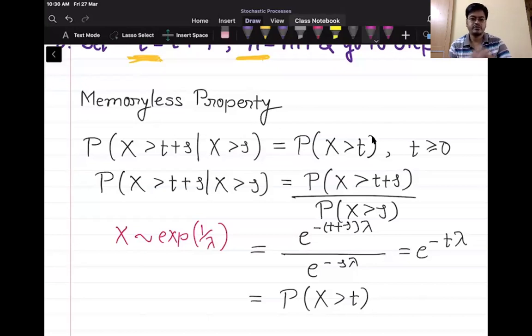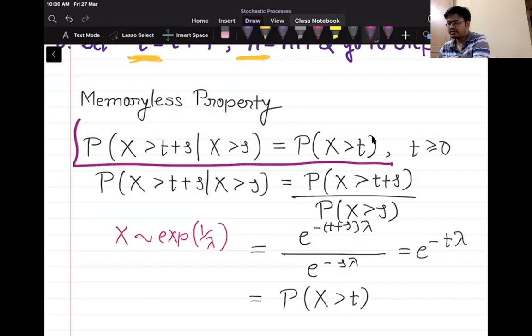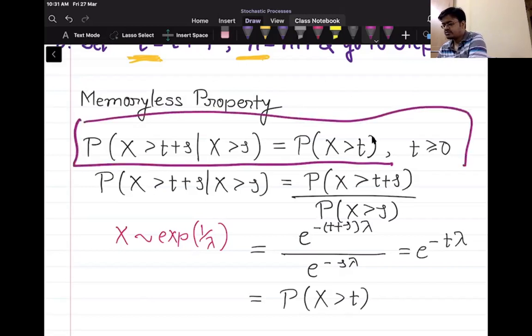That is the property derived here. If I consider the conditional probability of X greater than t plus s given that X is greater than s, this probability will always be equal to the probability of X greater than t. This is called the memoryless property.